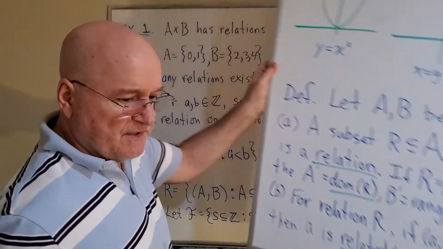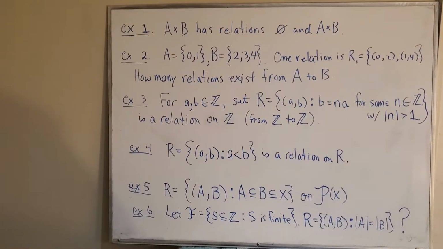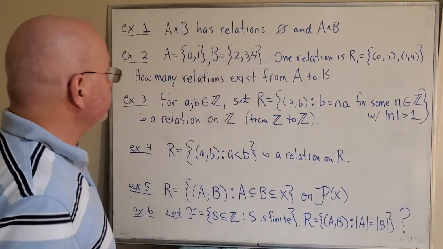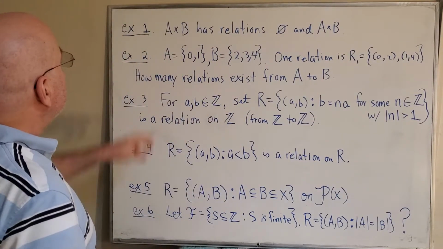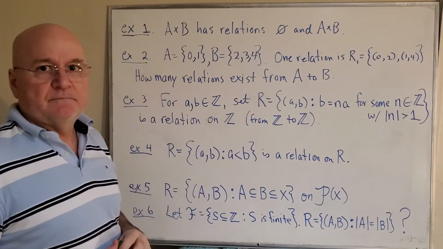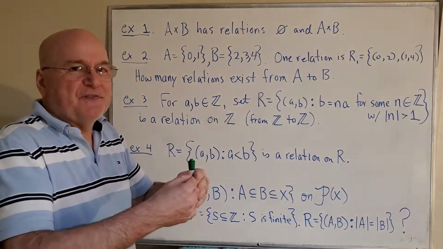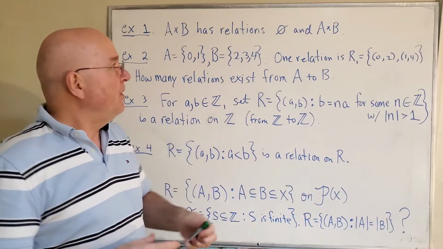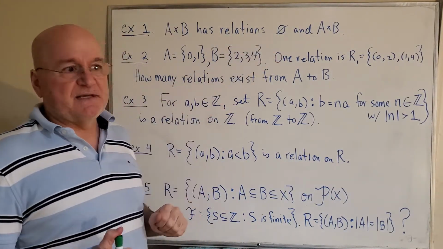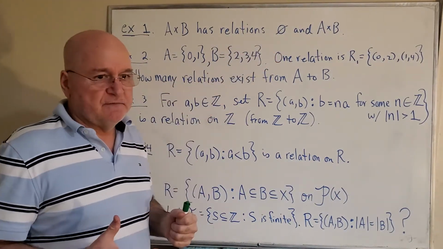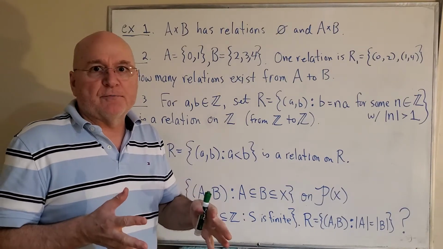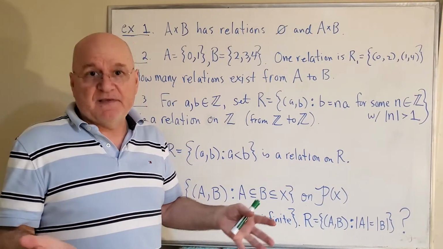All right, let's take a look at several fairly simple examples. Well, the first one, A cross B. One way of defining a relation, these two are the extreme cases. One of them is the empty set. Since a relation is a set, it can be the empty set.